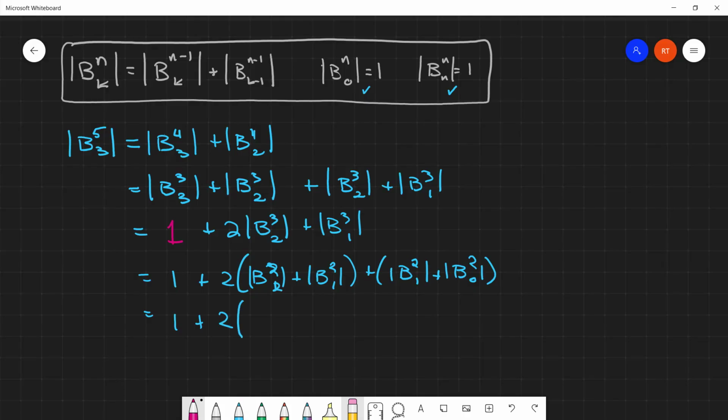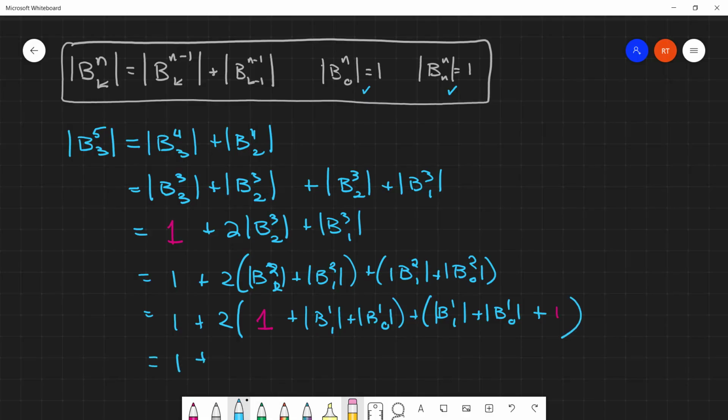Now, B22 equals 1. B21 is B11 plus B10. Here's another B21 that equals the same thing, and B20 is 1 because that's our other special case. Everything that remains is now a special case and equals 1. So we have 1 plus 2 times 1 plus 1 plus 1 plus 1 plus 1 plus 1. That's 1 plus 2 times 3 plus 3, which is equal to 10.